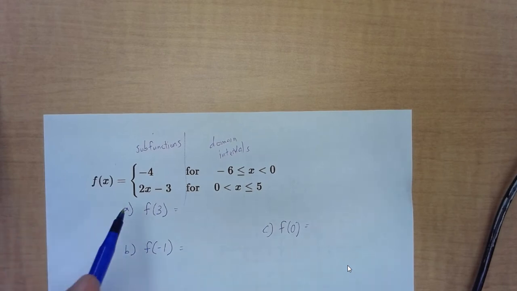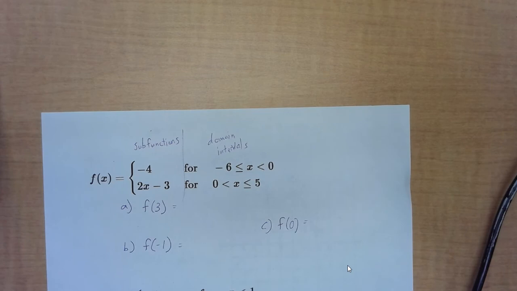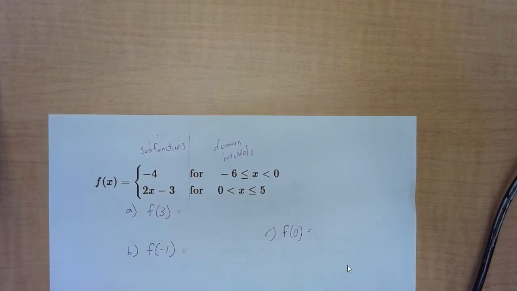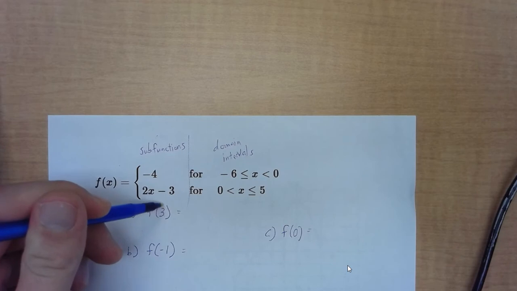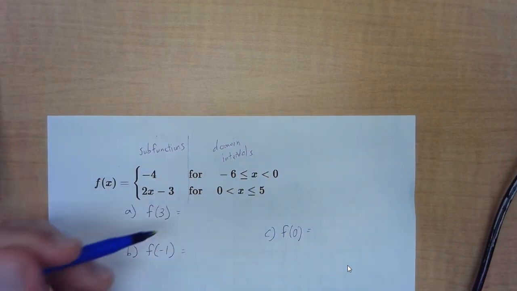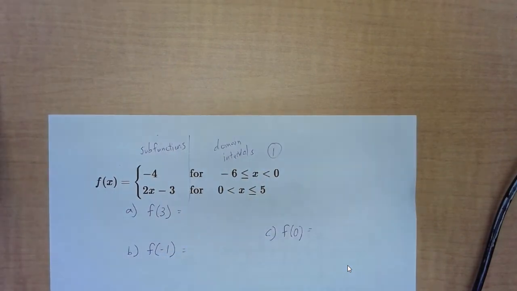So let's see how we can do this. F of 3. So this is saying when x is 3, what should the function be equal to? So what you need to do is use this x value and look at the domain. So first look at the domain to decide which function is in control.